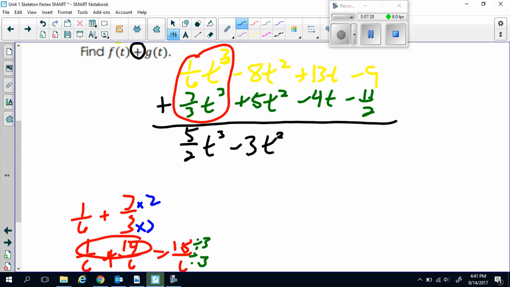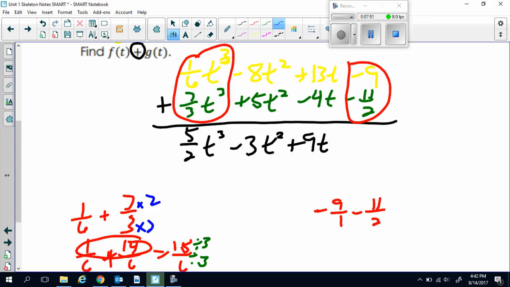Next one is 13t minus 4t. So 13 minus 4 is positive 9. So it's 9t. And then I have this negative 9 and this negative 11/2. So negative 9, I'm going to make it over 1 because any whole number can be written over 1. Minus 11/2.